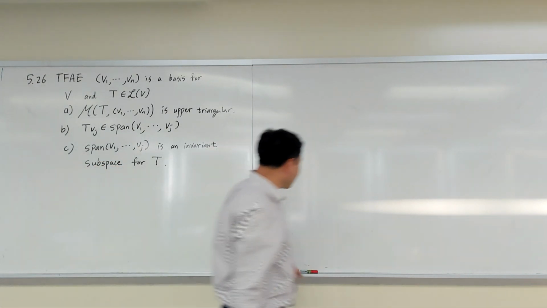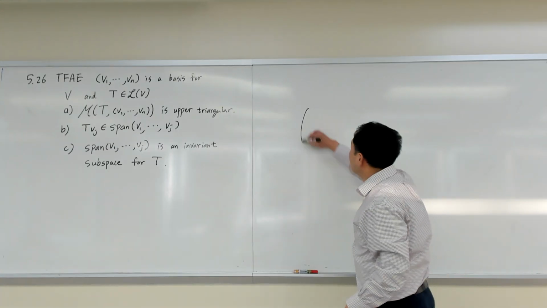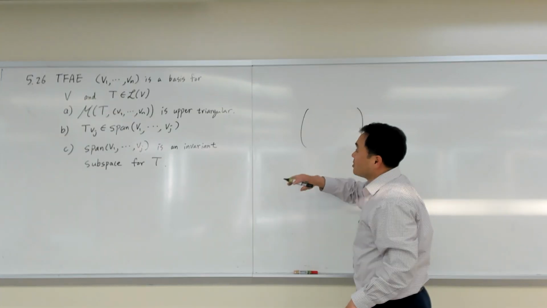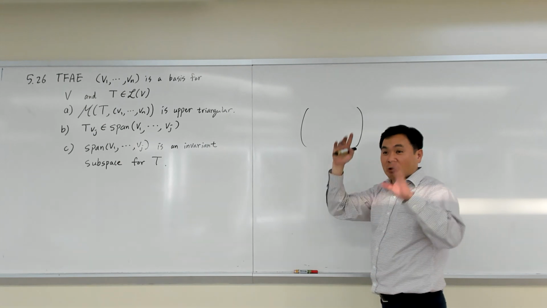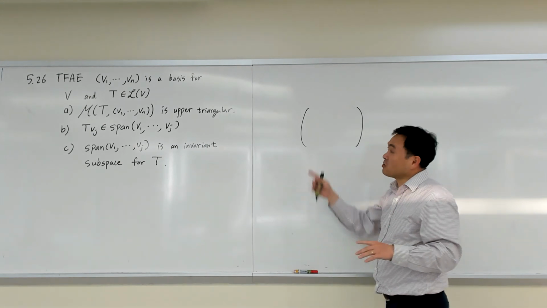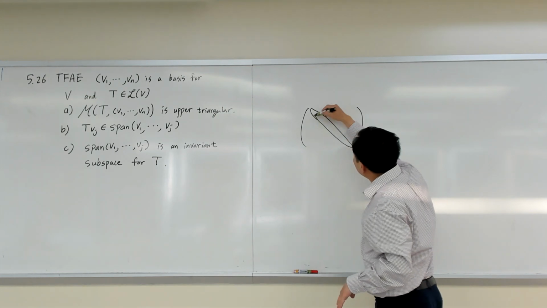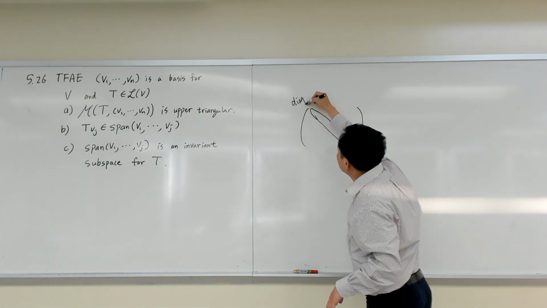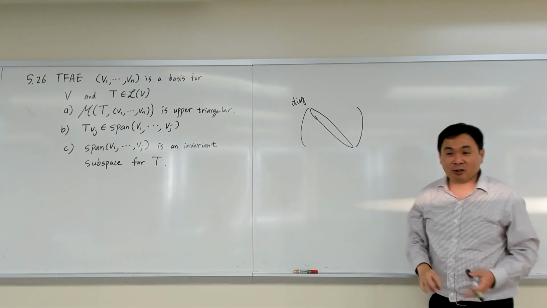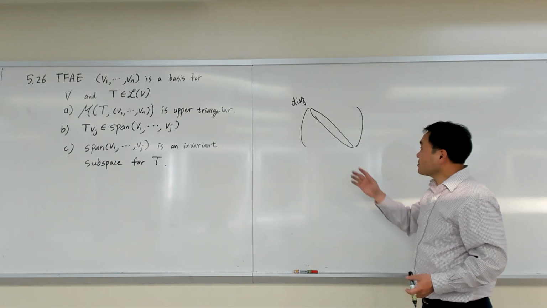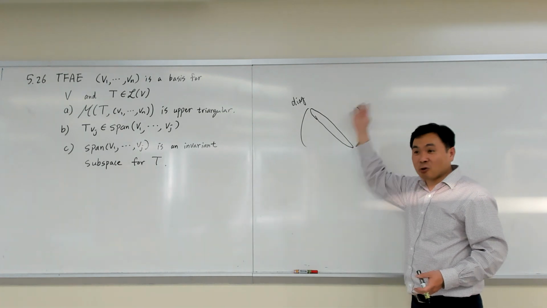By the way, what does upper triangular mean? Well, the matrix of T should be a square matrix because it's an operator, and over here, this is called the diagonal of the matrix. Hopefully you know that already. This is never called the diagonal of a matrix.